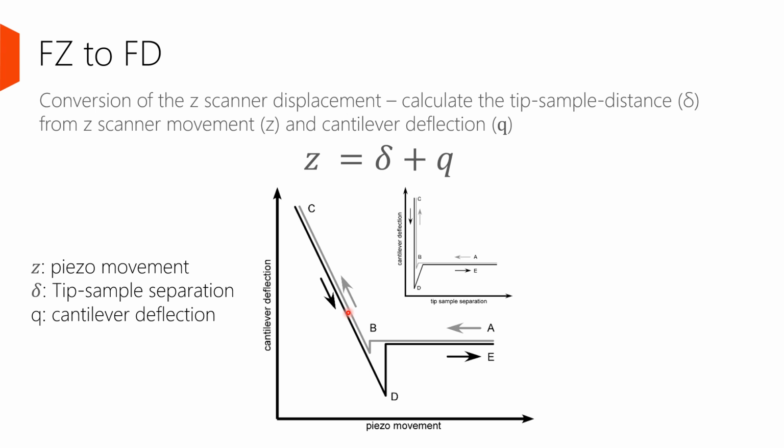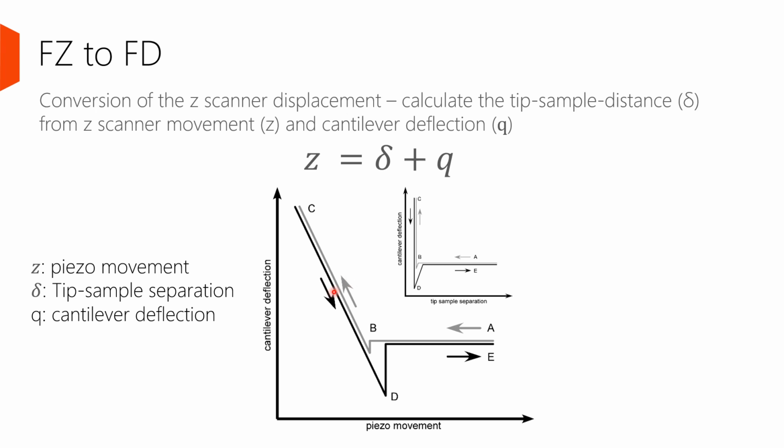To get these interesting nanomechanical properties such as elastic modulus, indentation, and adhesion, we need to extract this information from a force distance curve. But AFM does not directly measure the force distance curve per se. It measures the force versus z piezo movement. So it's an FZ curve, but we need an FD curve.